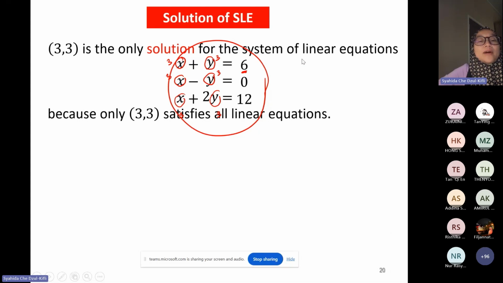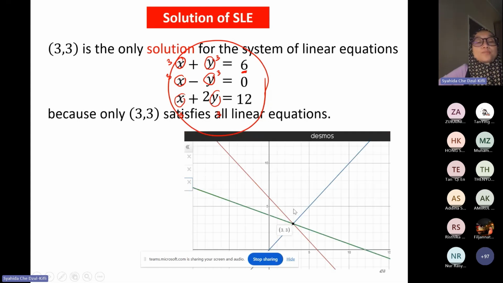Is that clear so far? Why is (3, 3) a solution for this system of linear equations? Yes, perfect. Okay, thank you. So this is how we prove that (3, 3) is a solution for the system of linear equations algebraically.